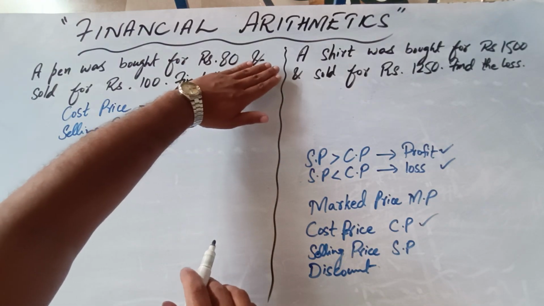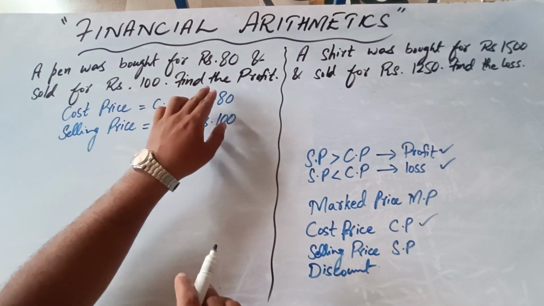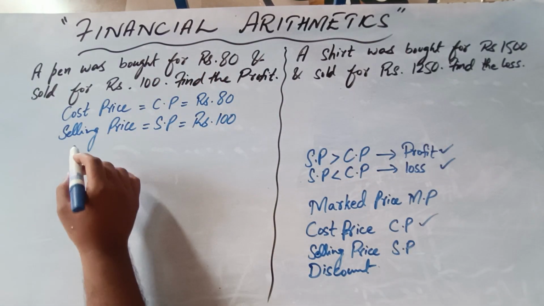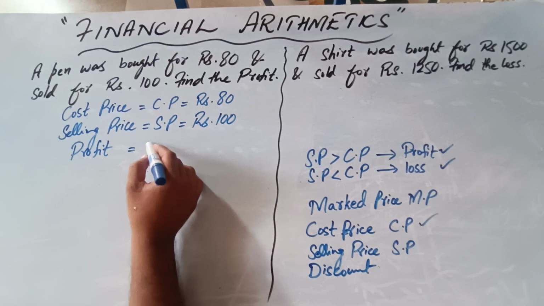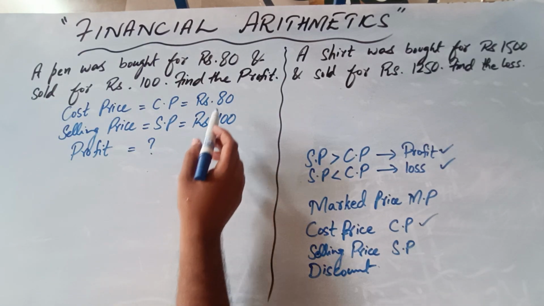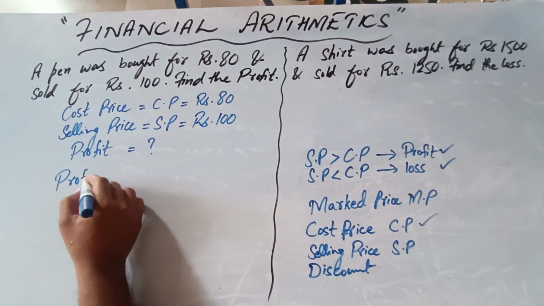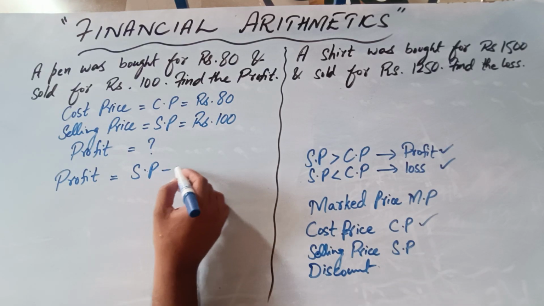If it is not written in the question, they can write find the profit or loss, whatever is happening. So here there is profit, because he is gaining something, because selling price is more than cost price. So the formula would become profit is equal to SP minus CP.